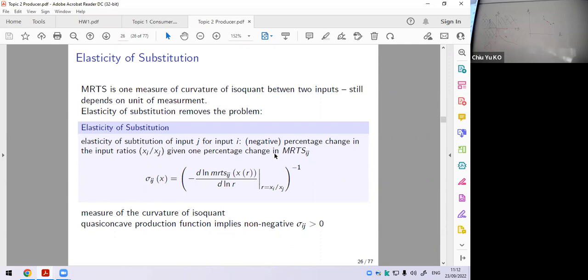So it's log, differentiate, log of the MRTS over log of R. What's R? R is the ratio of the inputs. So it's how a 1% change in the input ratio leads to what percentage change in the MRTS.